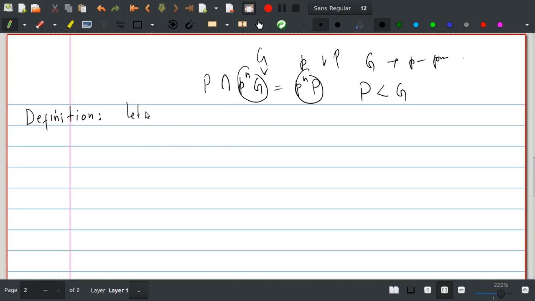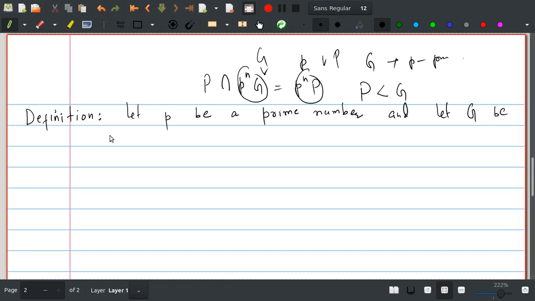Let p be a prime number, and say let this G be a p primary abelian group.